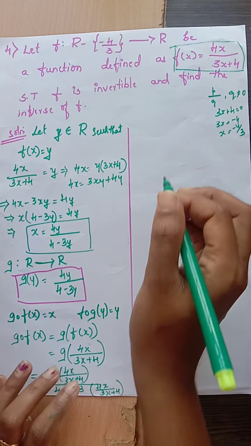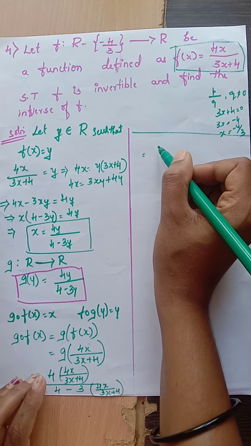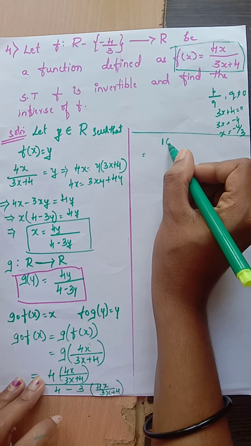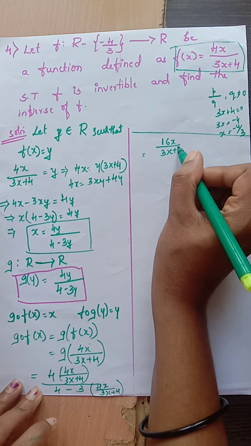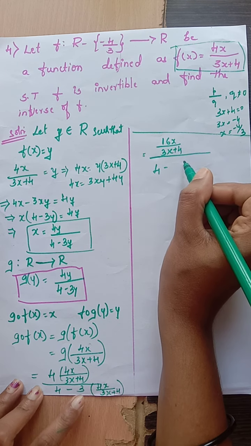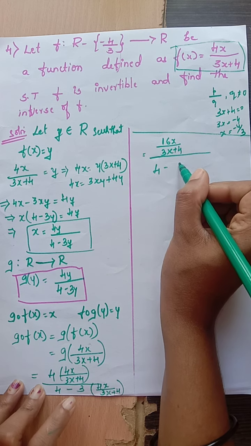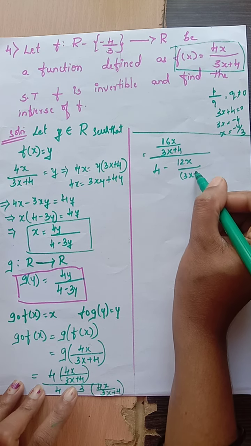Okay, so now that is equal to 4 into 4x, 16x divided by 3x plus 4, whole divided by 4 minus 3 into 4x, 3 into 4x is 12x divided by 3x plus 4.